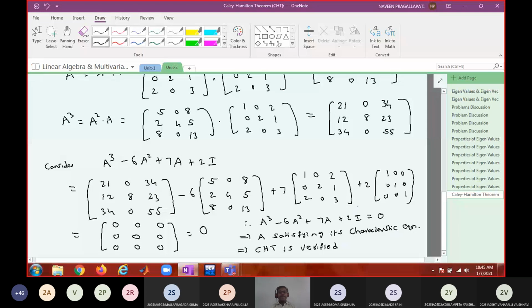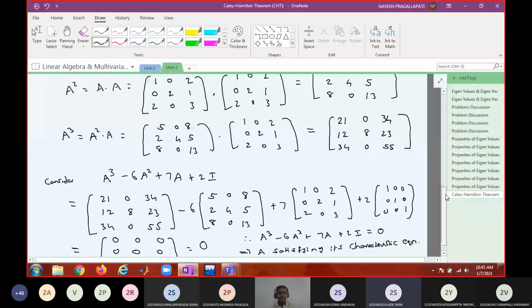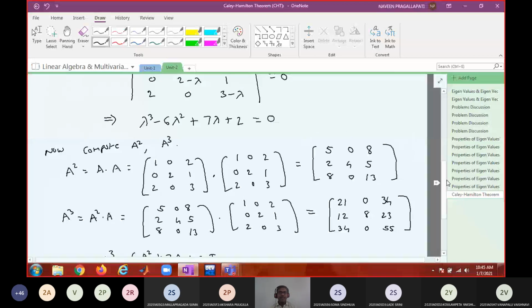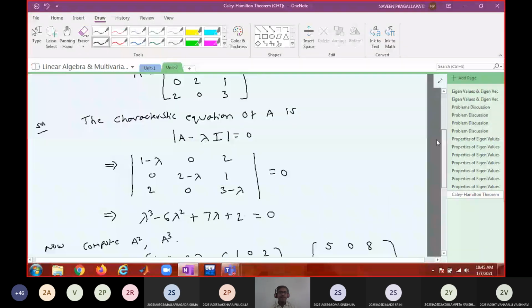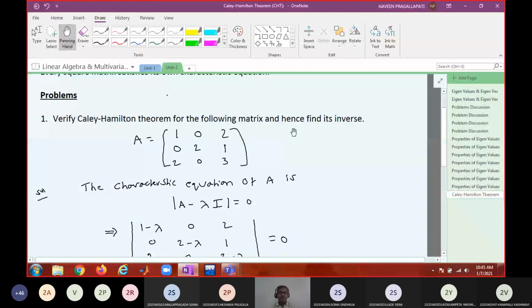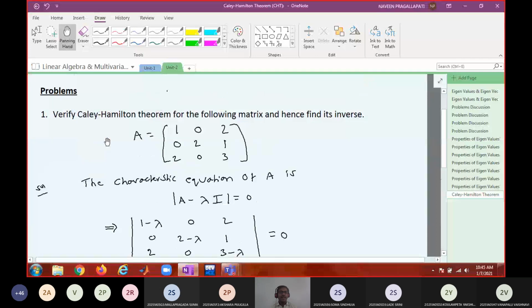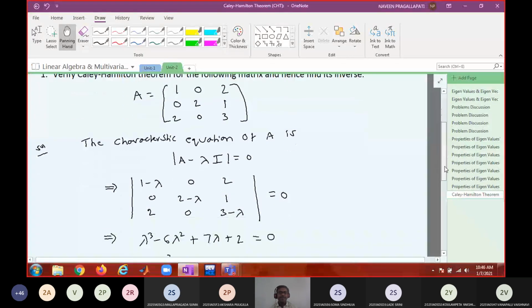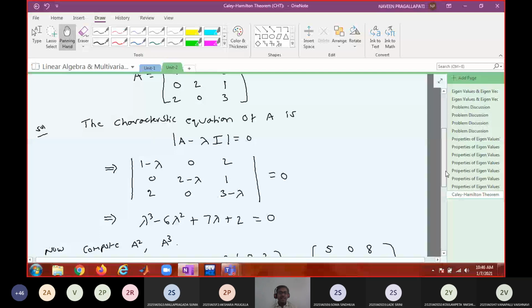And what is the next part? To find its inverse. In order to find the inverse, A must be non-singular. How do you ensure that A is non-singular without finding the determinant?